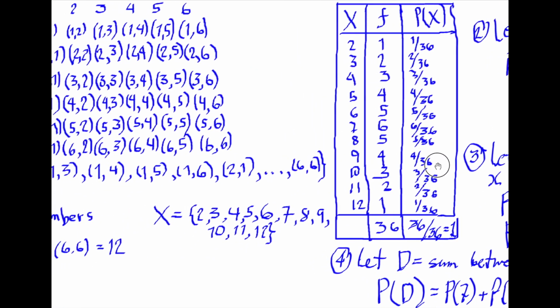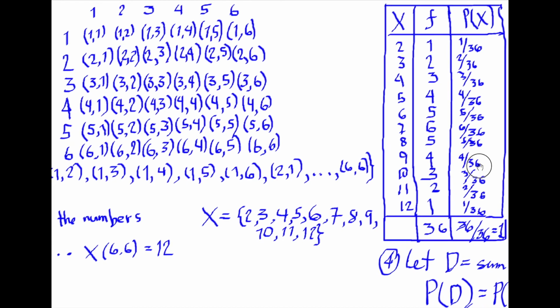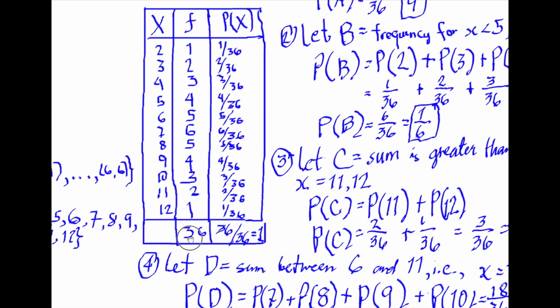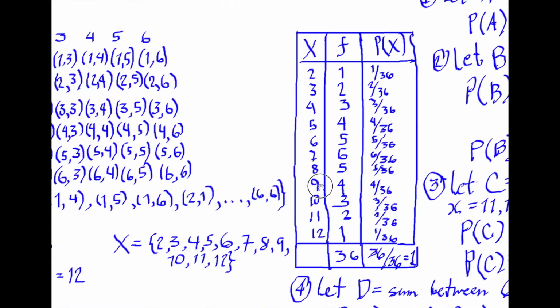What we want to do is to get the expected value, or the mean, of this probability distribution. How we do it is by multiplying each x by its corresponding probability: 2 times 1 over 36, plus 3 times 2 over 36, 4 times 3 over 36, and so on, until we get all of the numbers. So I think we need to have some space here to write.